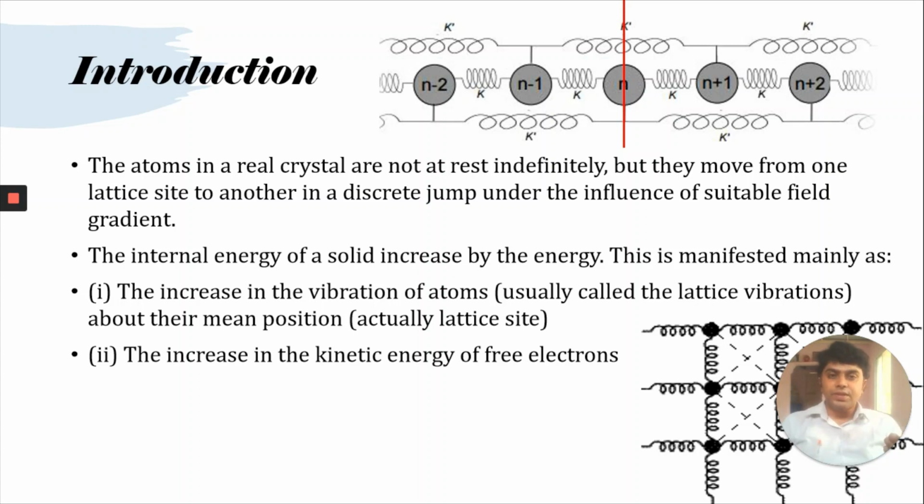How it distributes its energy so that it can vibrate about its own mean position, and shows the harmonic vibration among the lattice points. So here is one such example.